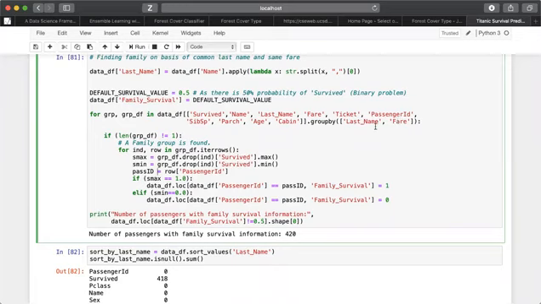By this group by, I have got group and group_df. If the length of this group_df is equal to 1, then it means there is only one last name, or a common last name but with different features.